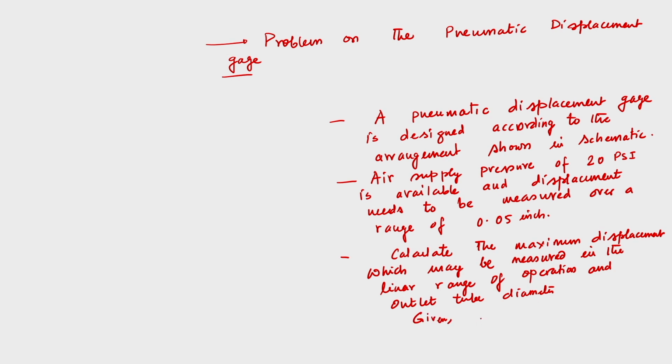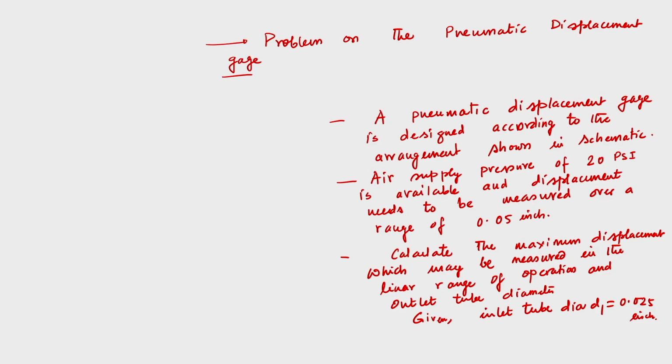Given: inlet tube diameter D1 is equal to 0.025 inch. So, this is the problem statement related to the pneumatic displacement gauge.